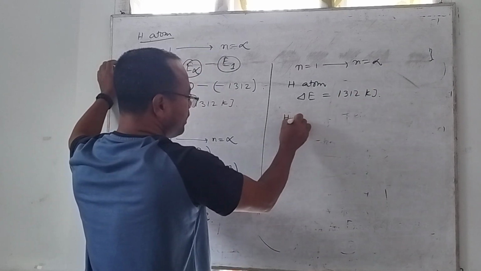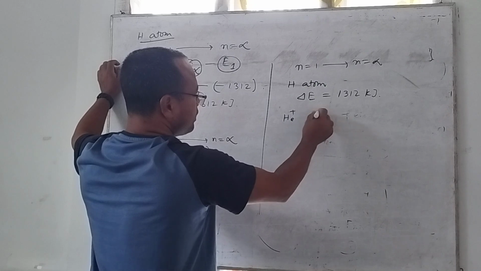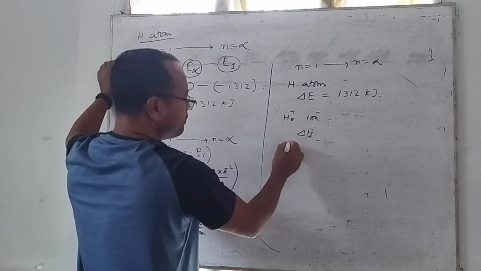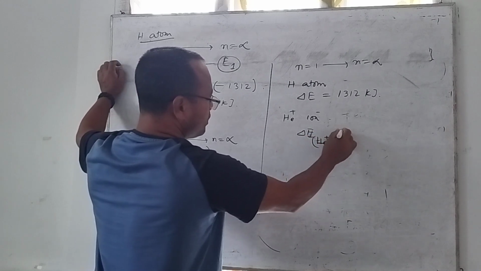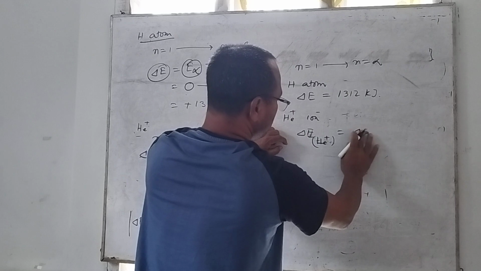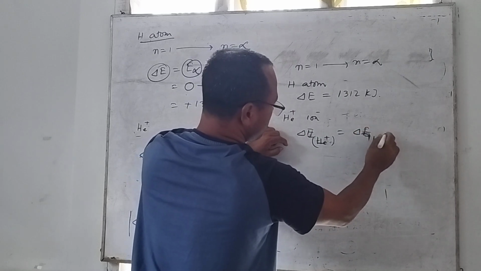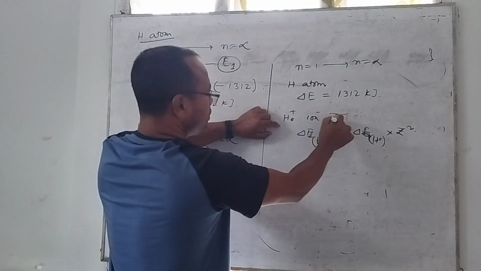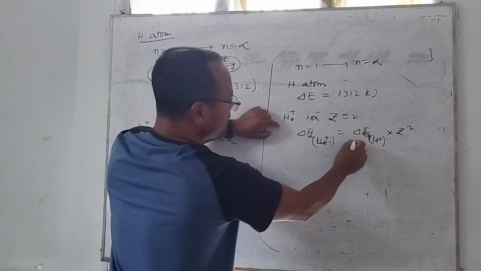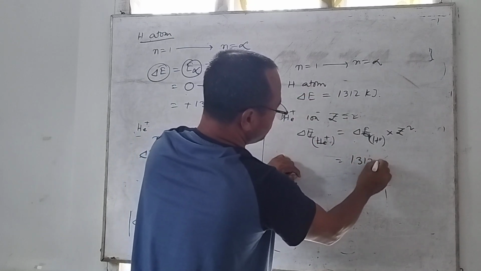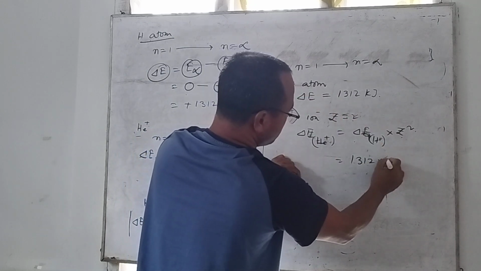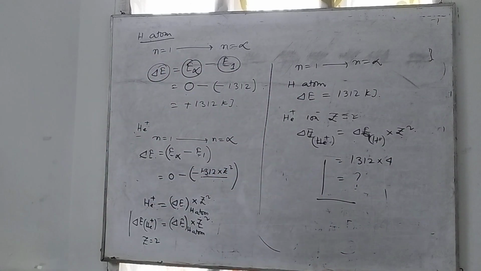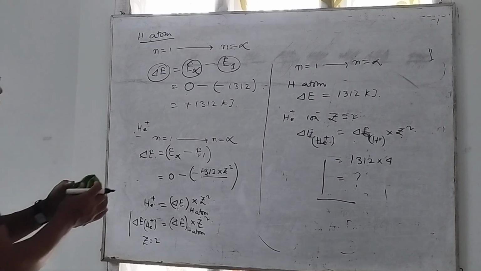So for the helium ion, same excitation, delta E for helium is delta E for the hydrogen atom multiplied by Z square. What is Z for helium? That is 2. So 1312 multiplied by 2 square, that is 4, and we find the answer. This is how we can calculate very quickly.